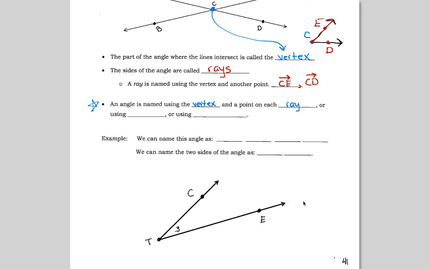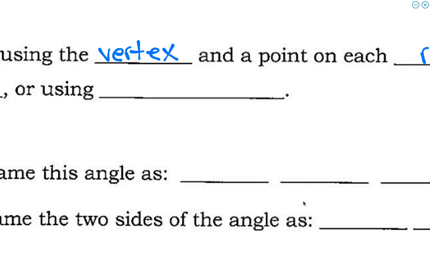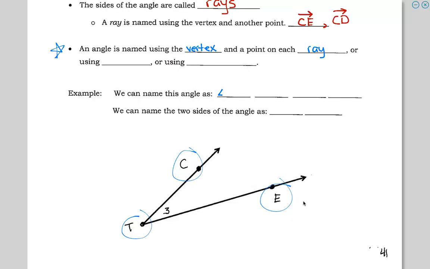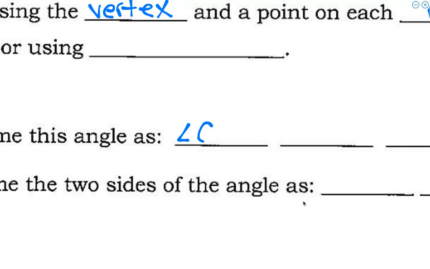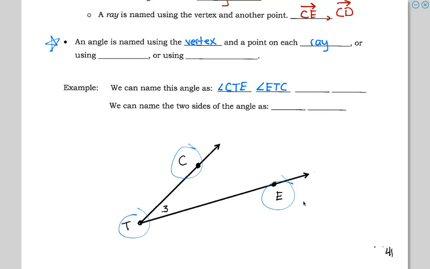So a vertex and a point on each ray. So we're going to use the letters C, T, E. Now, since T is the vertex, it has to be in the middle. So this is going to be angle CTE. Or we can go the other way, ETC, as long as T remains in the middle.